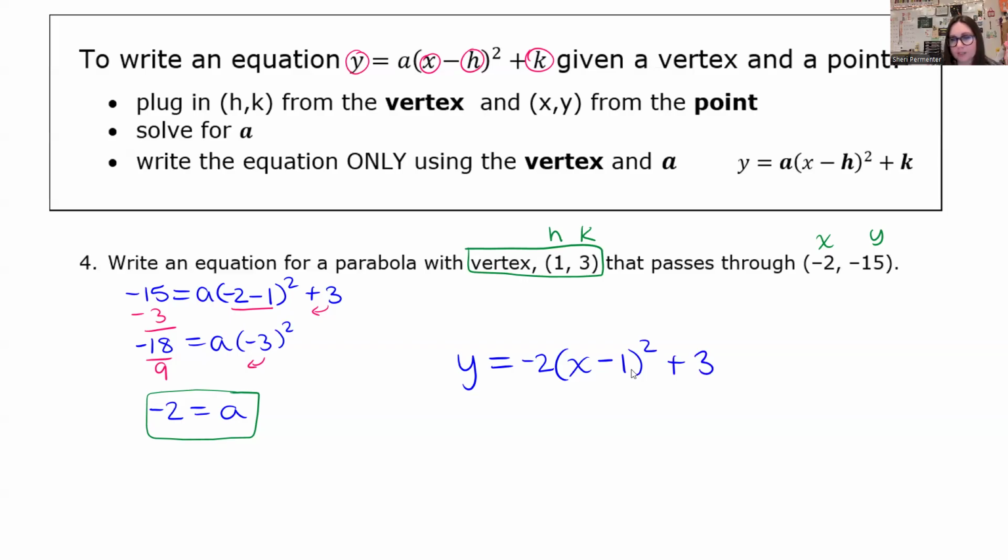That's it. So you have to solve for a and then plug in your vertex and a into the equation. That is the end of the lesson, but we're going to still finish our game.